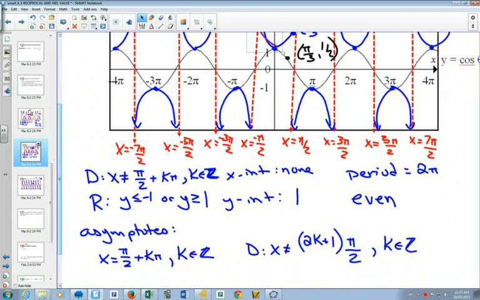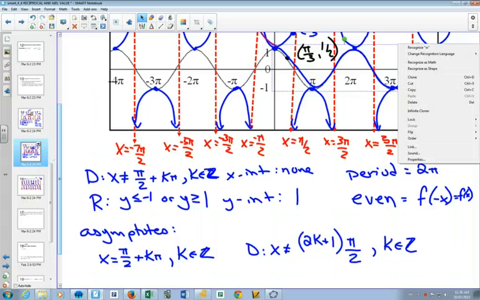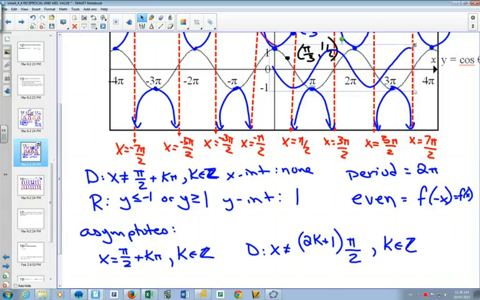So the definition of an even function is that flipping over your y-axis, if that graph matches up exactly as you began with, then it is an even function. So for example, here's my cos graph. If I take that cos graph and I flip it over top, right over the y-axis, it matches up perfectly. So cos is an even function as well.